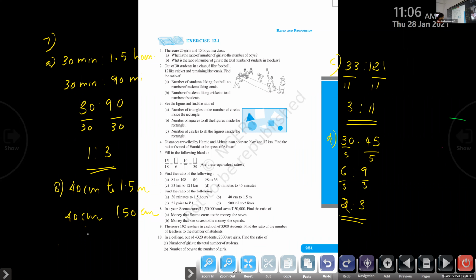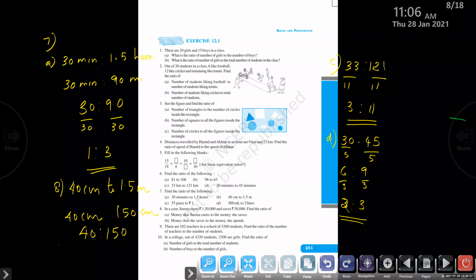So, 40 is to 150. What is the common number? 10 is the common number. So, divide by 10, you will get 4 is to 15. No other numbers in common.